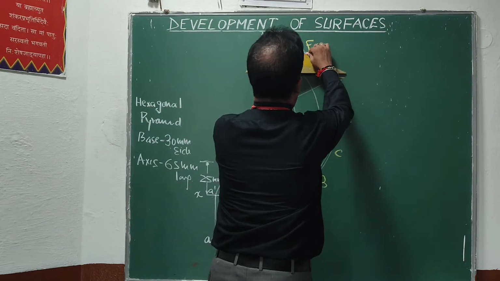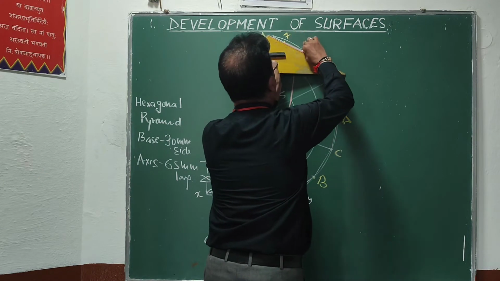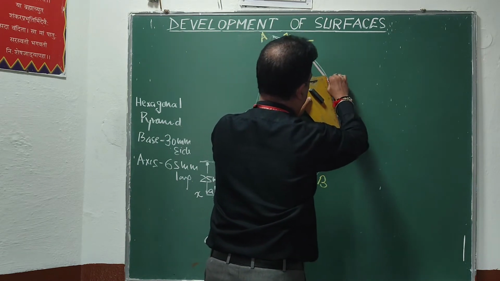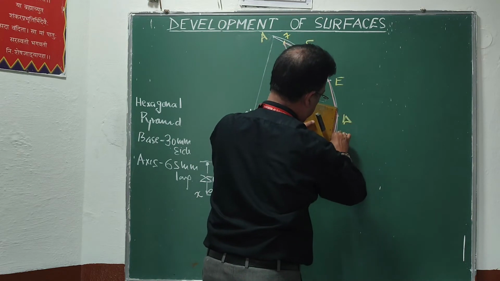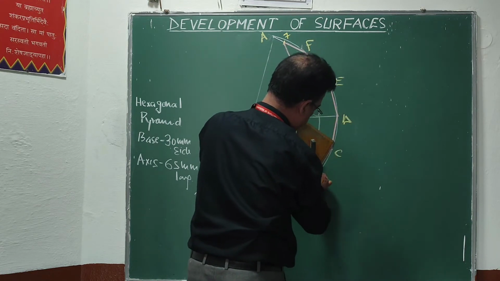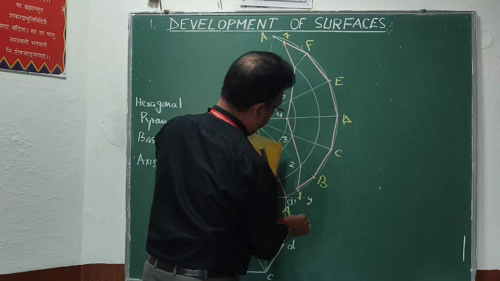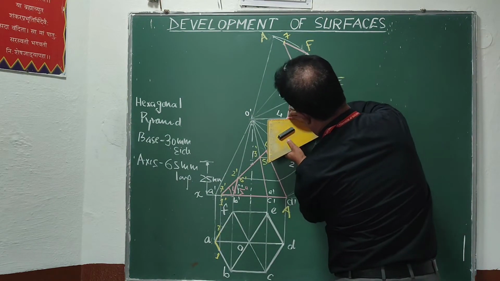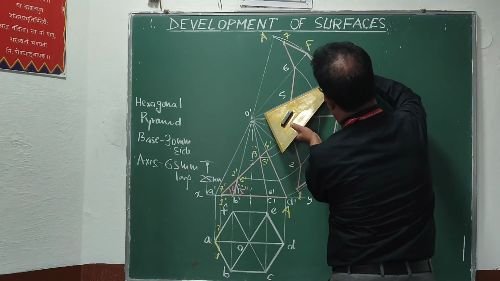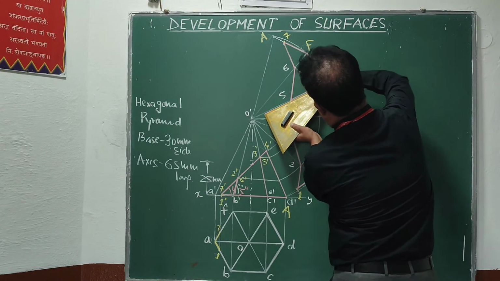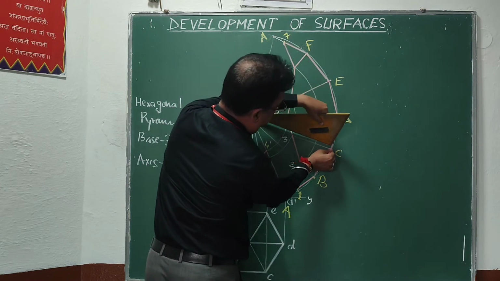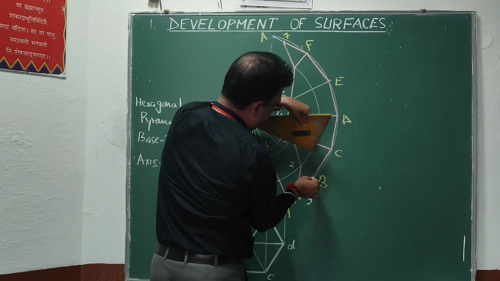Then join the lower side lines, this line, then this one, next one, next, then these edges. Darken all these lines.